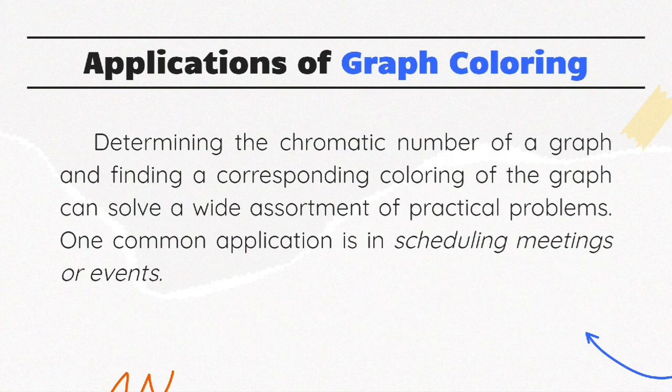So now let's apply graph coloring. Determining the chromatic number of a graph and finding a corresponding coloring of the graph can solve a wide assortment of practical problems. One common application is in scheduling meetings or events.